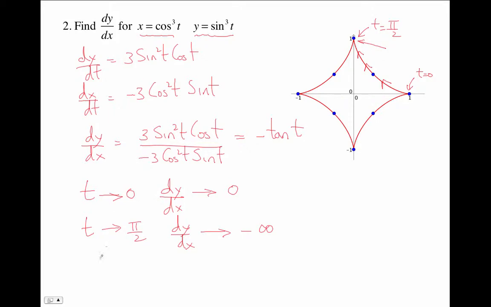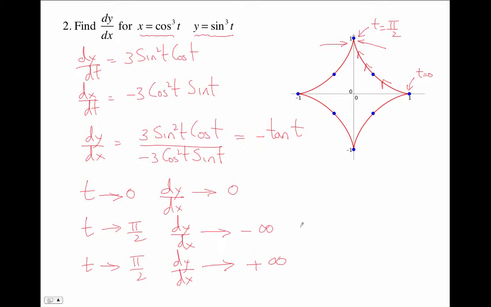Next, let t tend to pi by 2, but now from this side. So dy by dx here tends to minus tan pi by 2, but approached from the other side, that's plus infinity.